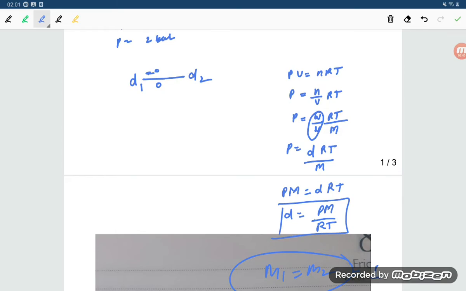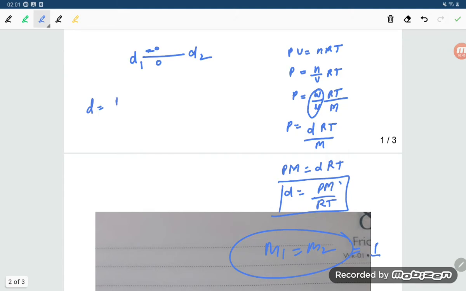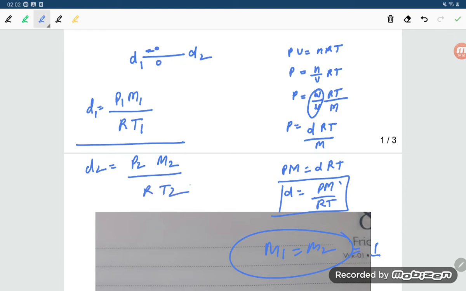So we write the D1 value. From this equation, D1 is P1 M1 upon RT1. This is D1 divided by D2, and here we write P2 M2 upon RT2. This M1 and M2 are the same because it is the same gas, so the molecular mass is cancelled out.